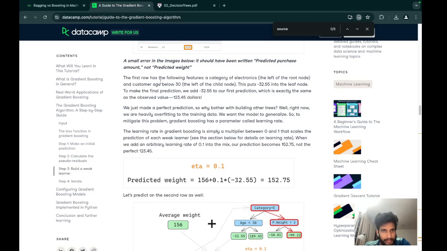Okay, got it. Minus 32.55, which is exactly the same as the observed value, $123.45.